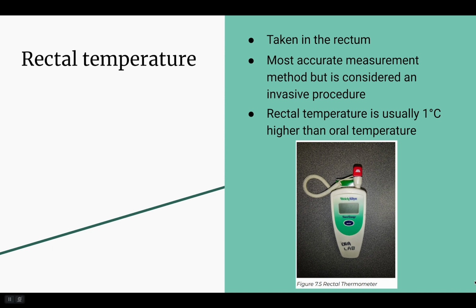An adult requiring a rectal temperature should be placed in the Sims position, which will be discussed later in this course. The rectal temperature is usually 1 degree Celsius higher than oral temperature. A rectal thermometer has red coloring where the probe attaches to the device to distinguish it from an oral or axillary thermometer. See the image of a rectal thermometer.